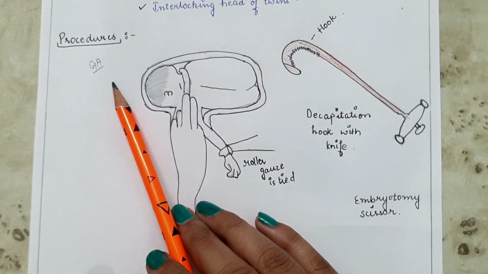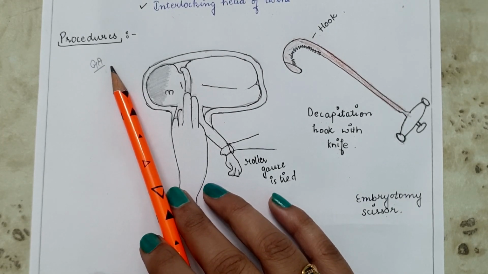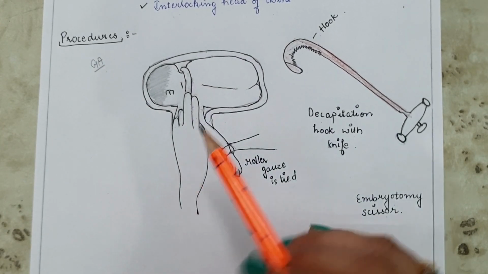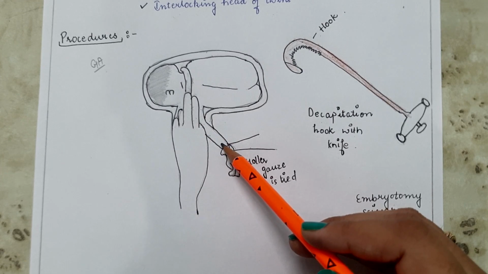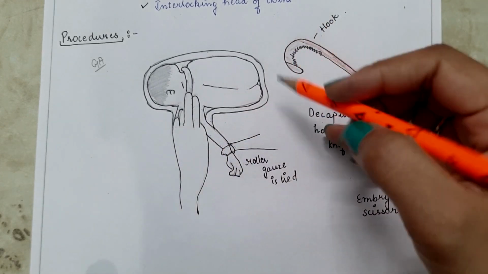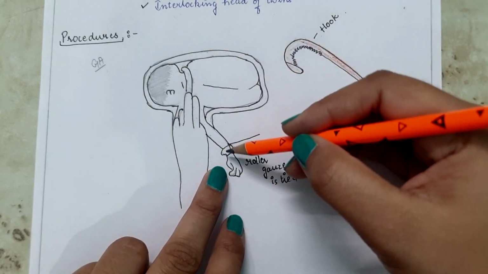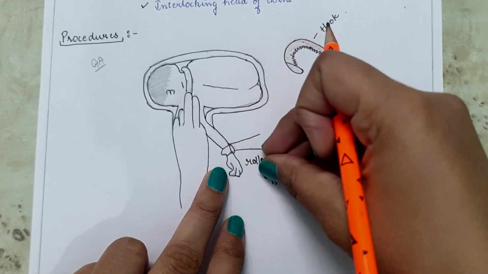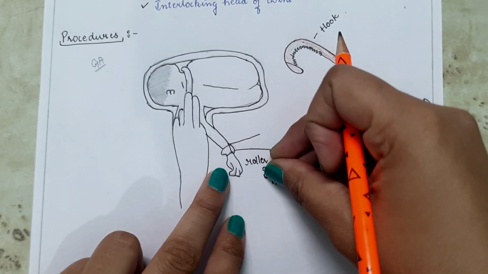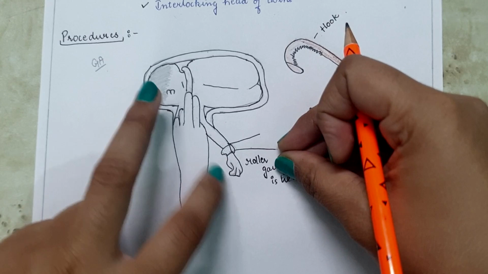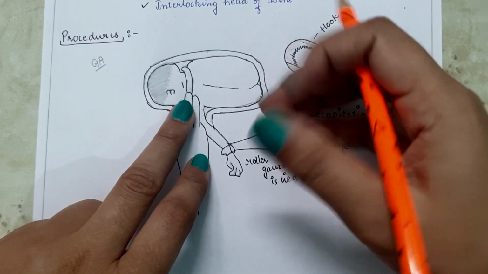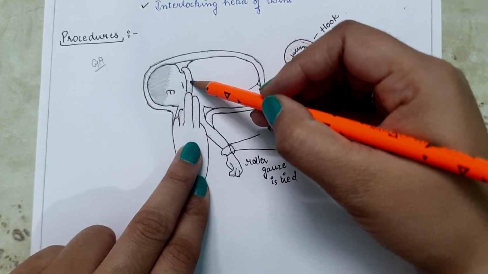Before performing this procedure, general anesthesia should be administered. As in this case the arm is prolapsed, grab the arm and tie a roller gauze around the wrist, and then give gentle traction, pulling the arm gently to the side opposite to the head of the fetus so that the neck will be more accessible.